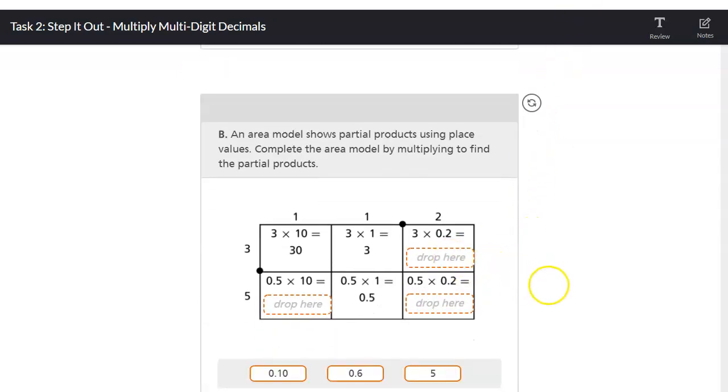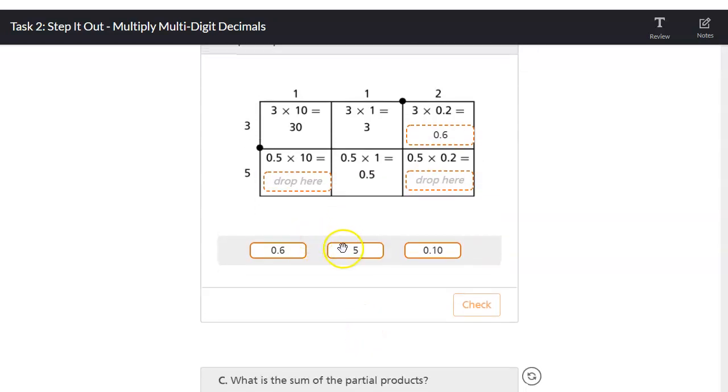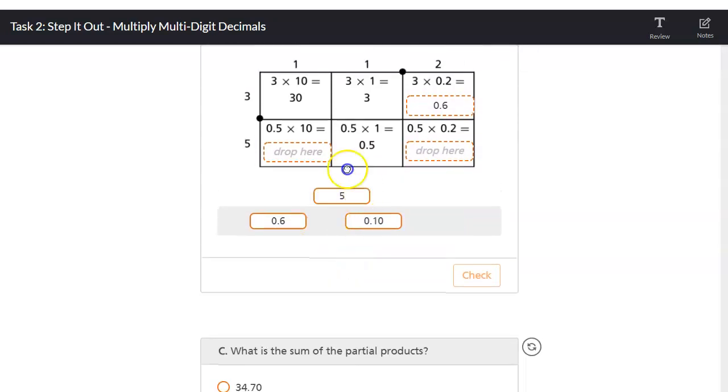Next, they do a really weird little thing here. I'm not going to be expecting this. I'm going to show you how to multiply it out in 1 second. But 3 times 2 is 6, and we put our decimal in, so it goes right here. 5 times 10 is 50.